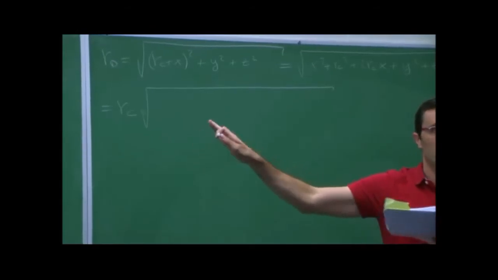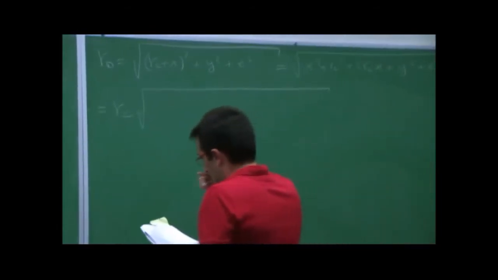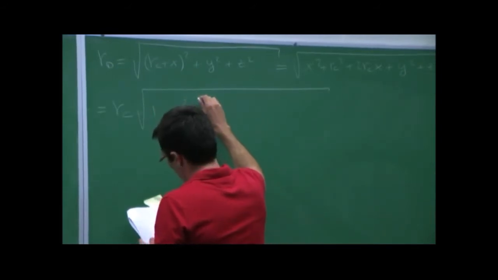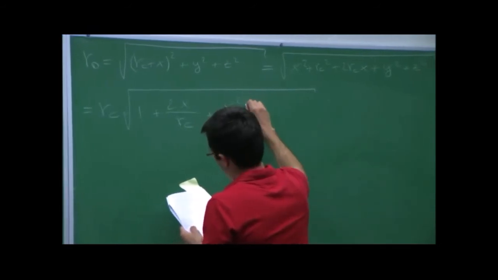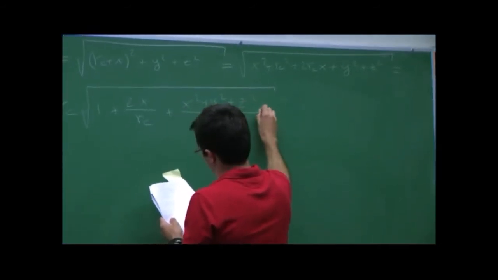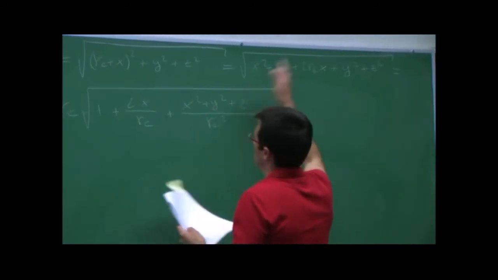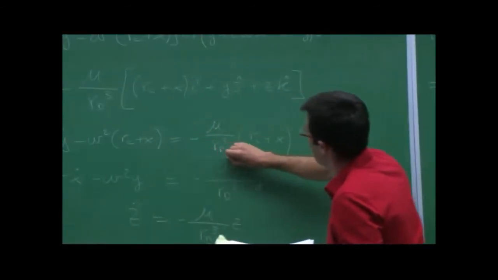I assume the chief is in circular orbit, so the radius of the chief's circular orbit is a constant. So rc squared times 1 plus 2x over rc plus (x squared plus y squared plus z squared) over rc squared. That's equivalent. I've just taken rc out. So let's look at this first non-linear term. They're all non-linear, but I'll just do this one, and the other ones just follow with the same procedure.